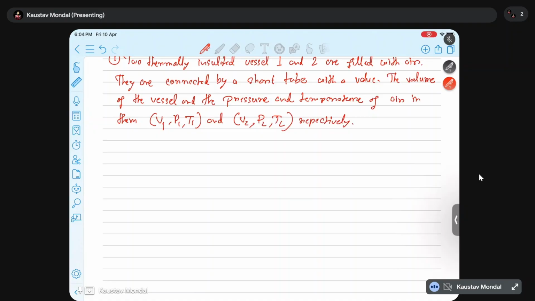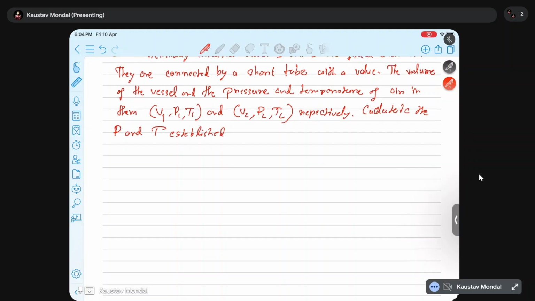Calculate the pressure P and temperature T established after opening of the valve.